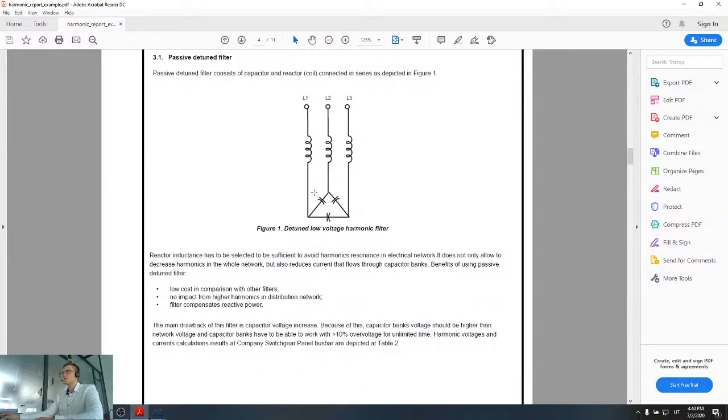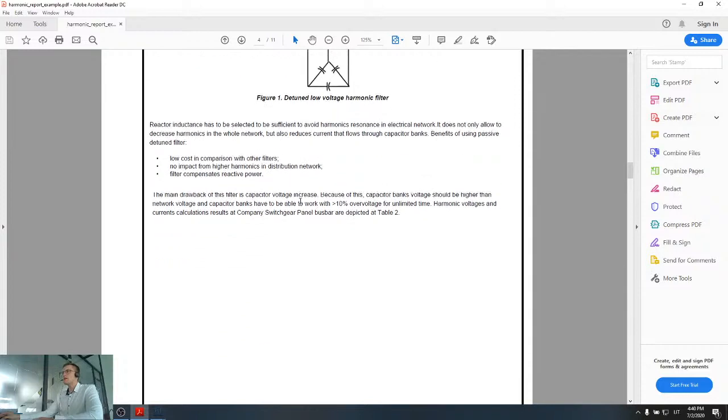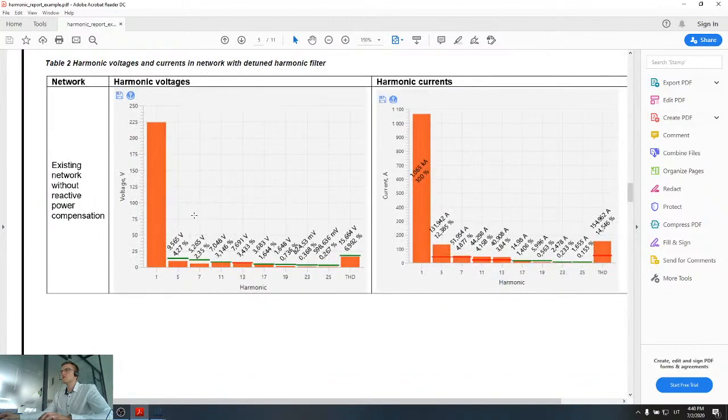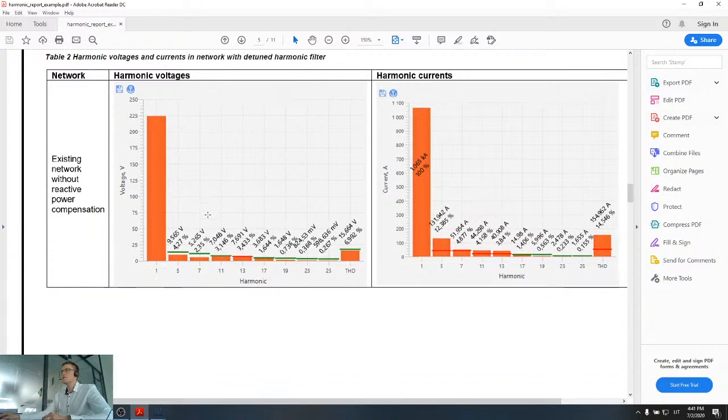An explanation about each filter is provided, and then we provide calculation reports exported from our software. These calculation results are provided with and without the detuned harmonic filters. Here is the existing network without reactive power compensation.